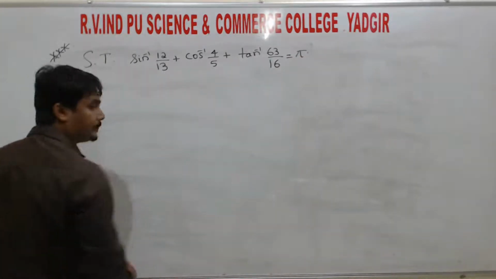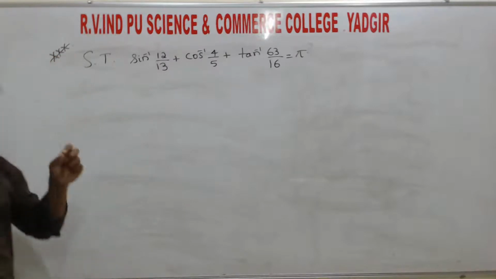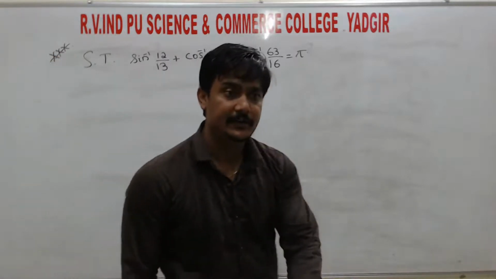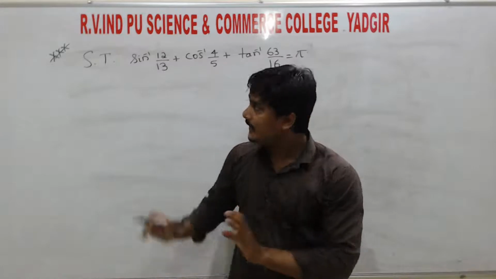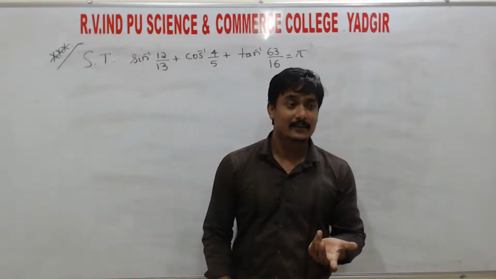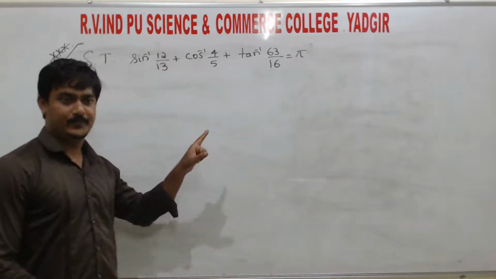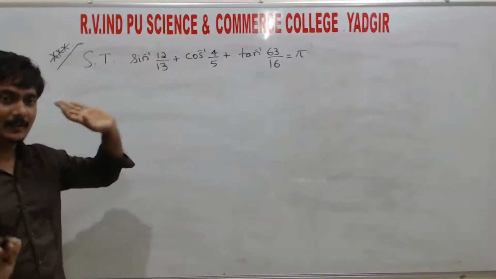This is the question. The reason why I have put 3 stars is that this problem is a little different. You may treat it as an important question as well as a problem with a different sense. Why it is different? That you need to understand in this problem.